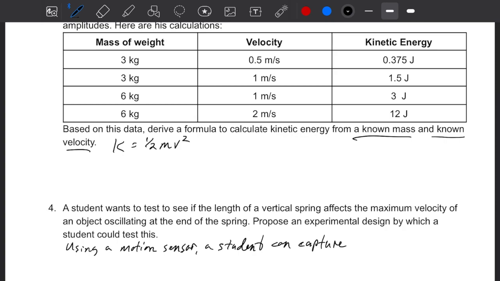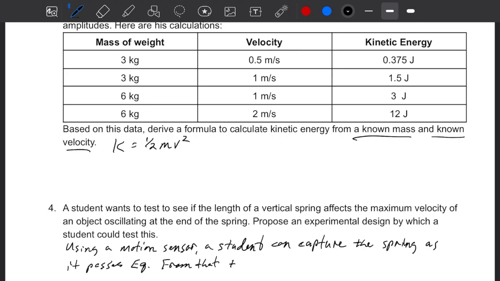So what we can do is we can find a device that can measure or capture velocity. So if we use some sort of motion sensor, motion detector, radar, photogate, anything that we can use to calculate velocity at equilibrium. And of course, we can do this multiple times, and then we can use multiple springs, but they need to be made of the same composition, the same thickness.